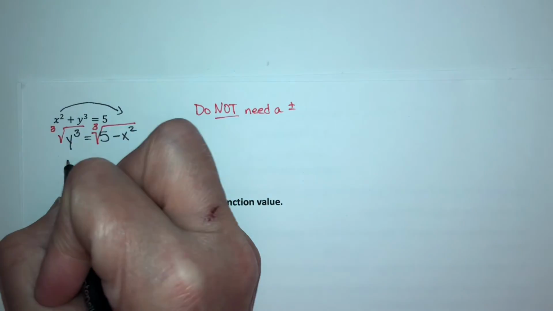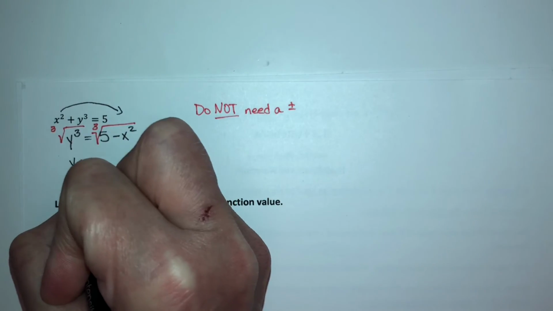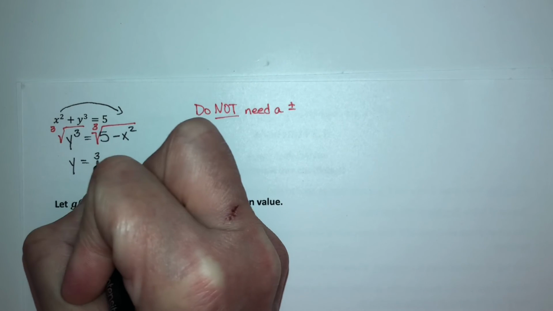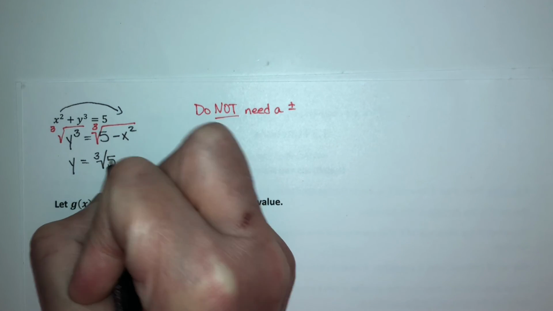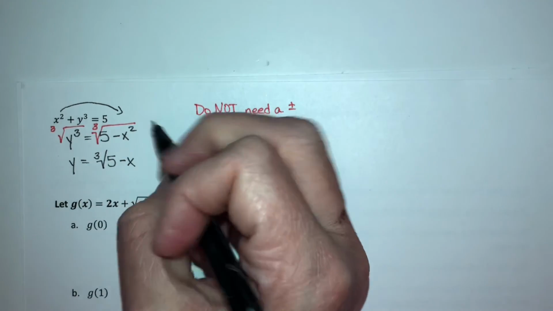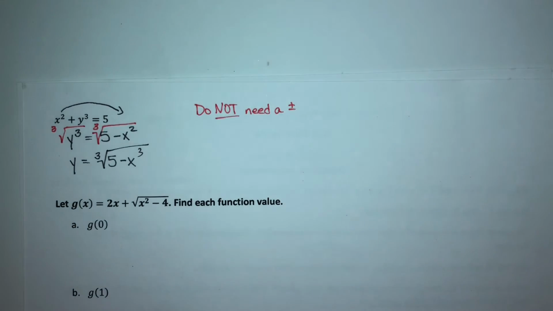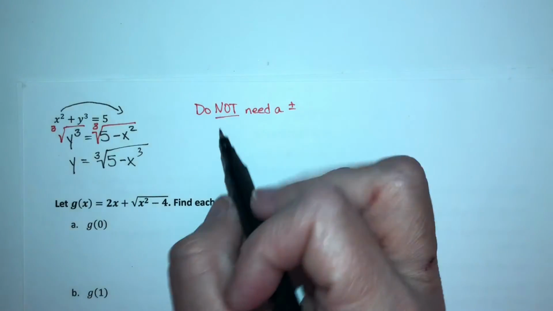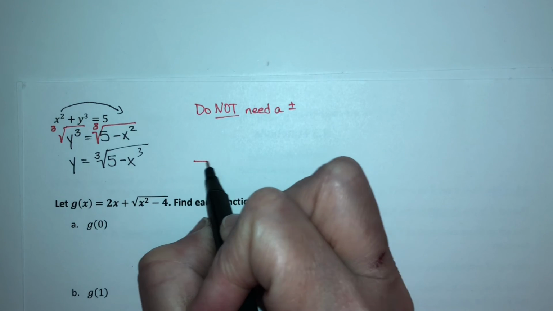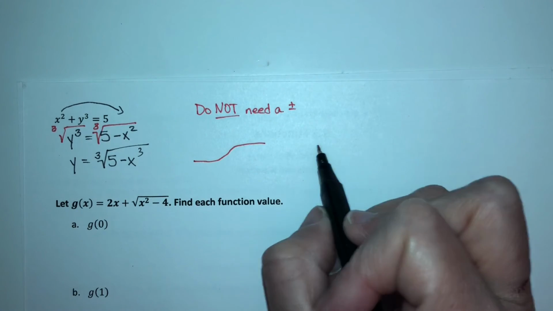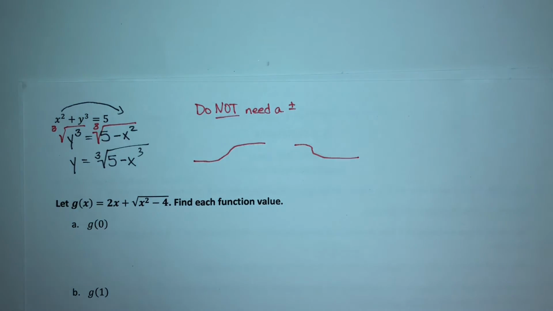So this is y is equal to the cube root of 5 minus x squared. Okay? And this graph would look something like this. Wait, no, like that. Doesn't matter too much, but that basic shape. Okay?